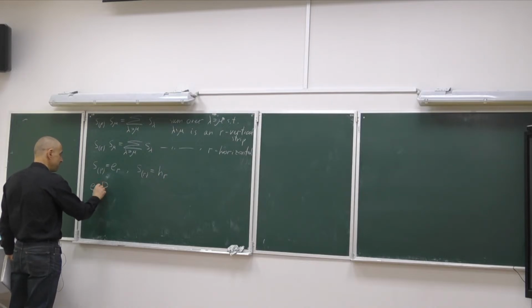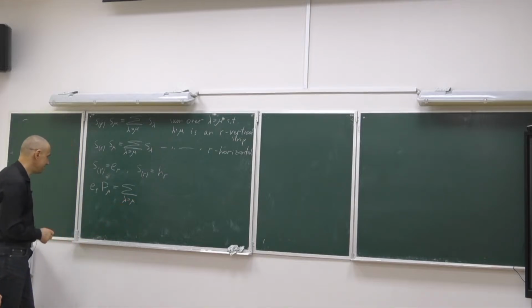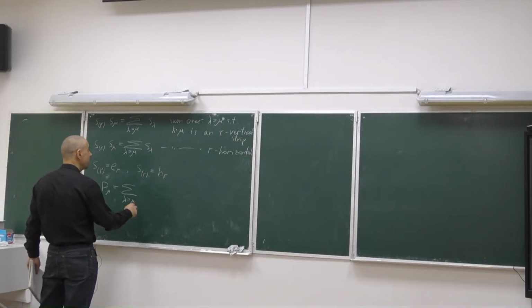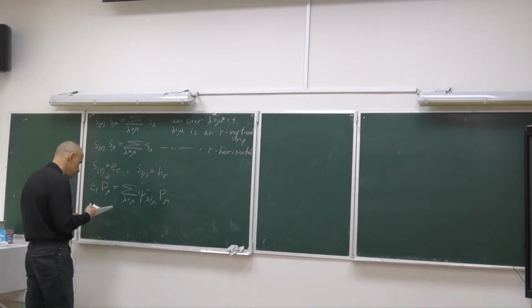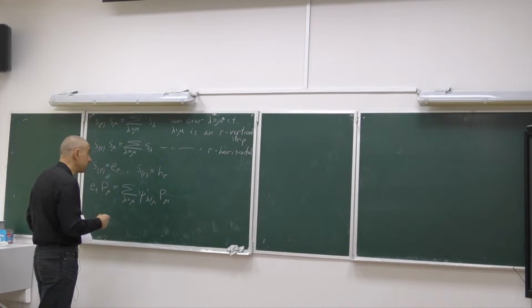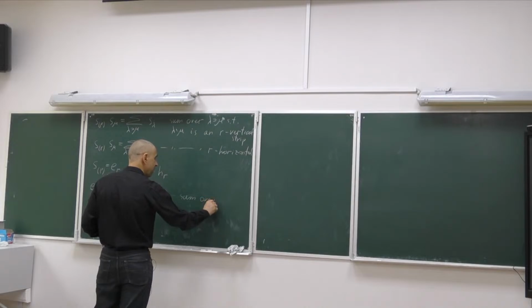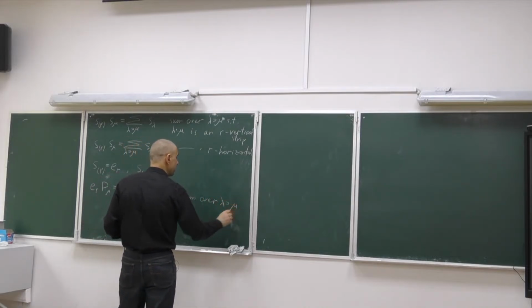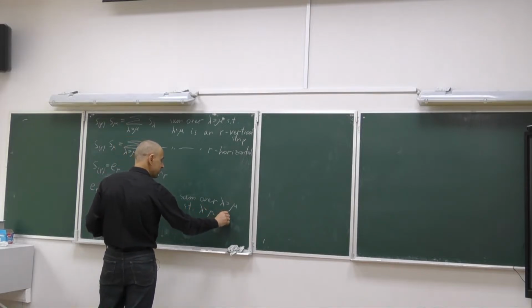ER times P mu, Macdonald polynomial, is the sum over all the diagrams lambda containing mu of P mu with certain coefficients, and again the sum runs over all diagrams such that the complement is an R vertical strip.